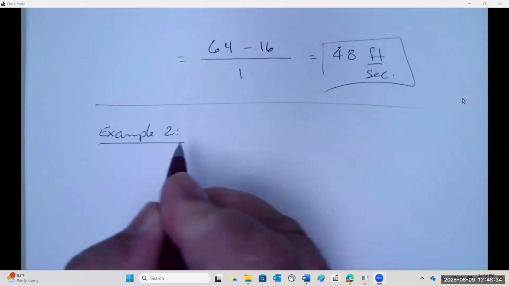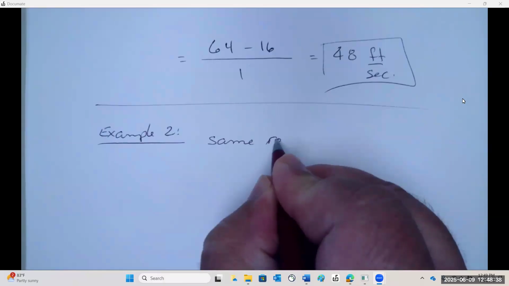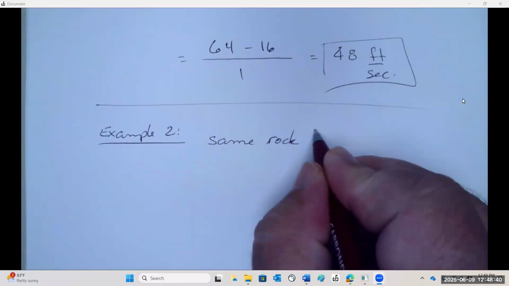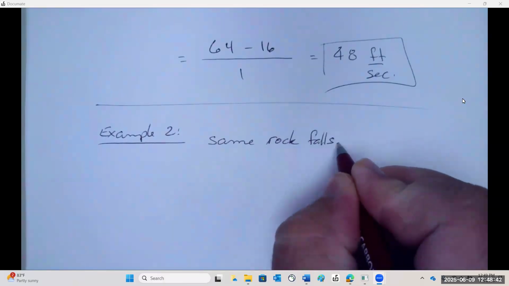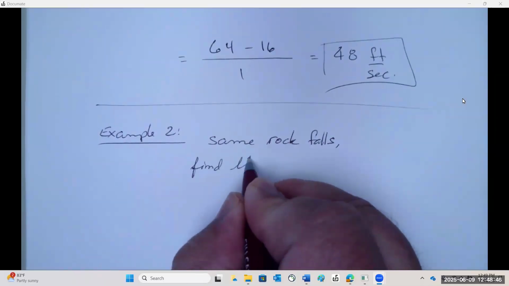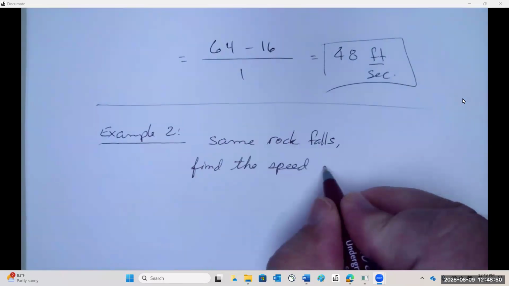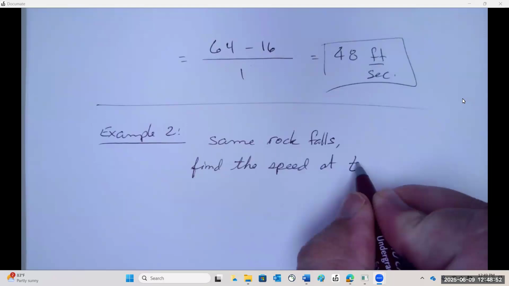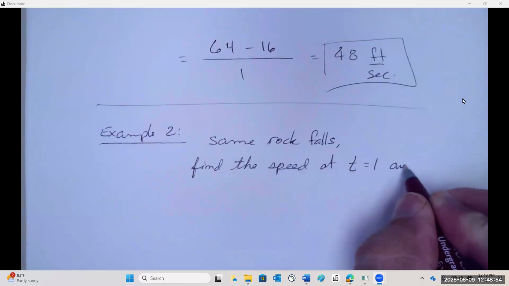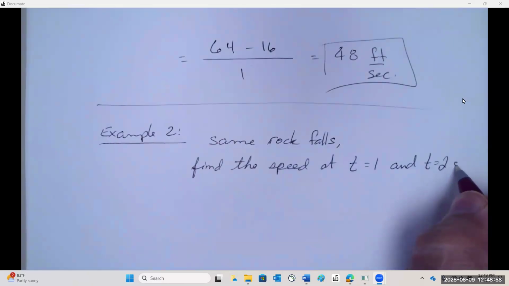Example 2. Same rock falls. Find the speed at t equals 1 and t equals 2 seconds.